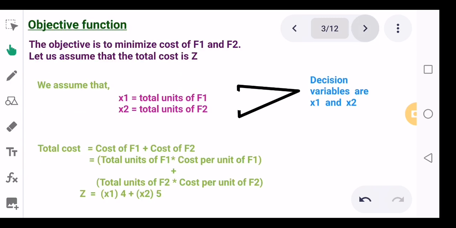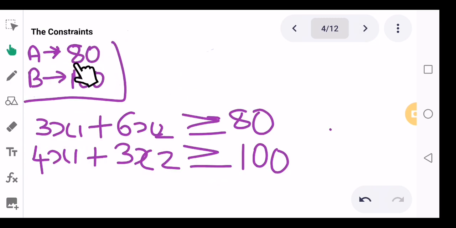That's what they have told, so we have written it as 80 and 100 units. It can be above 80, above 100, or equal to 80 or 100, but it should not be less. It is a minimum.